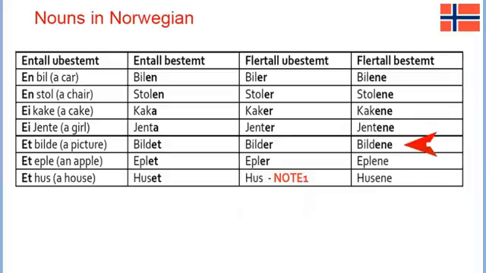Same with et eple, an apple. Eplet, it's definite form, the apple. Plural, epler, apples. Eplene, the apples. If you were very alert, you might notice that I didn't read the T in eplet.